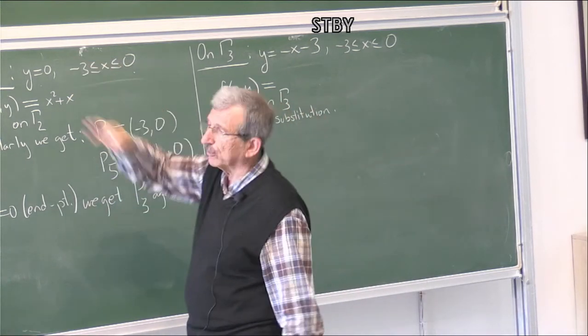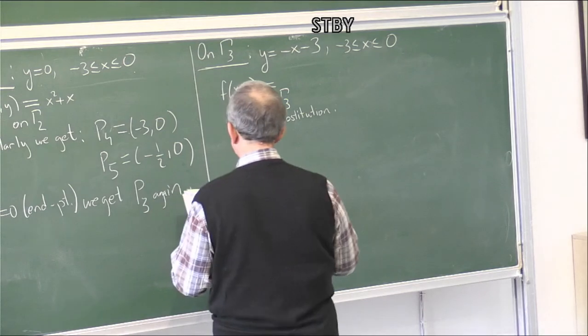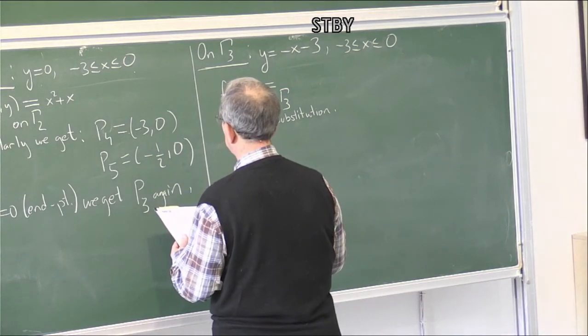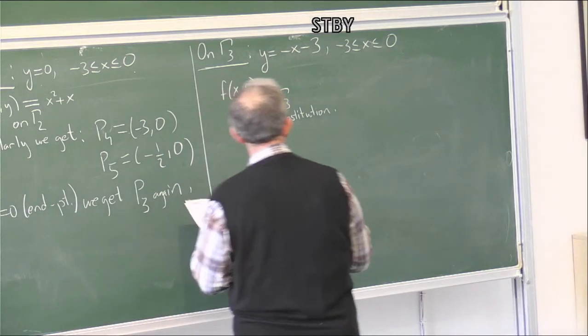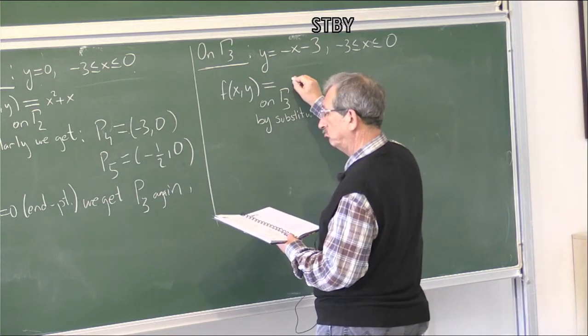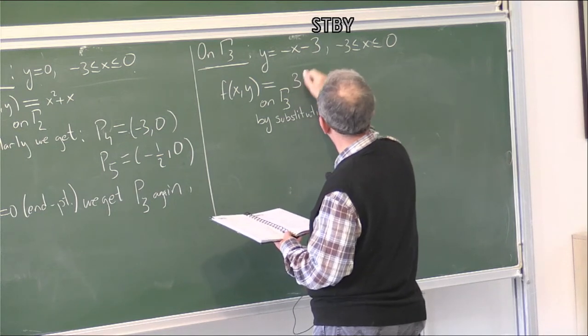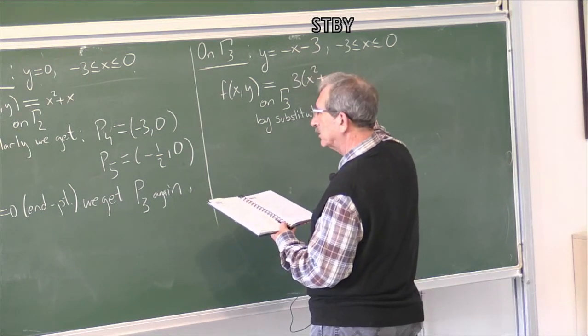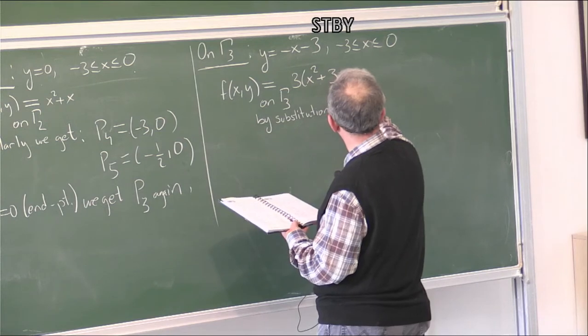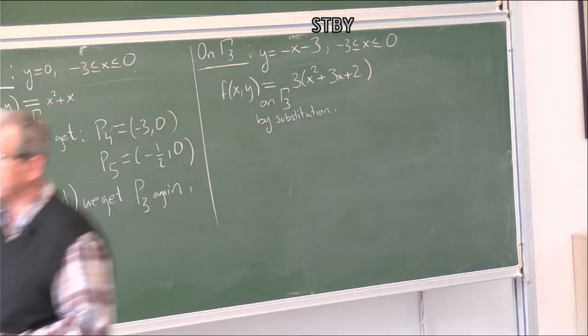Namely, you look at the original function and put minus x minus 3 everywhere in the function, and what you get, let me check, yes, what you get is x squared plus 3x plus 2. Okay, so this is what you get.